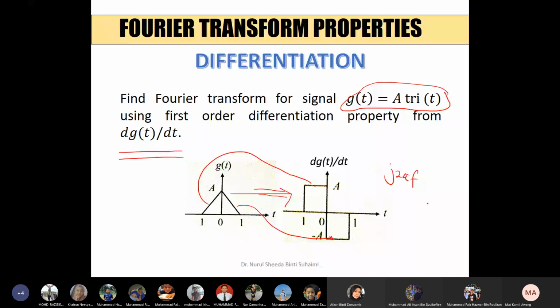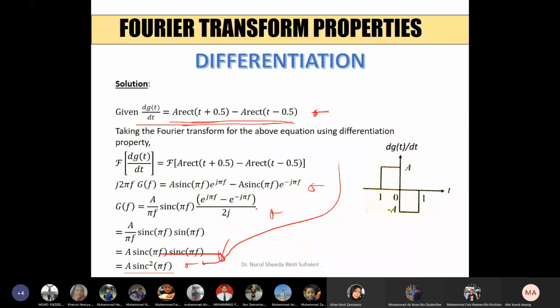G(f) is this, and you just multiply by that. So this is the transform of g multiplied by the factor j 2 pi f, which gives you this.